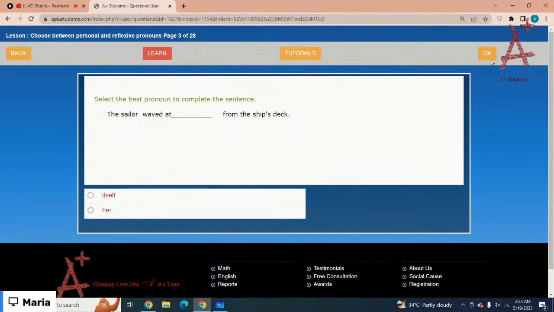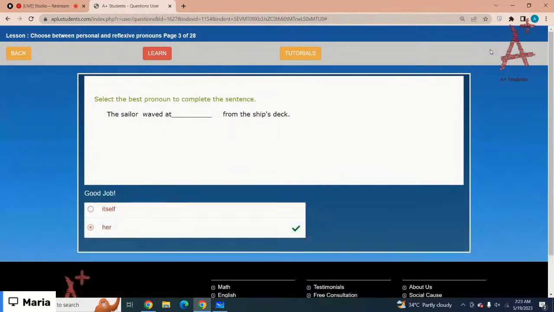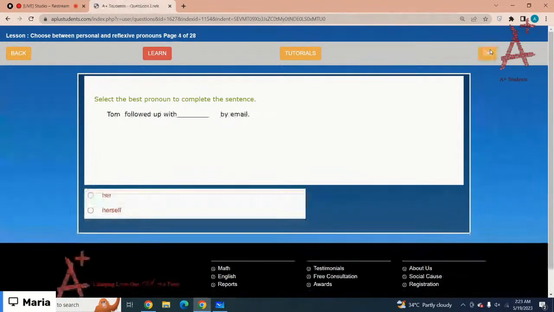Yes, waved at her, not itself. Itself is not the correct option. We waved at her. Tom followed up with Dash by email.